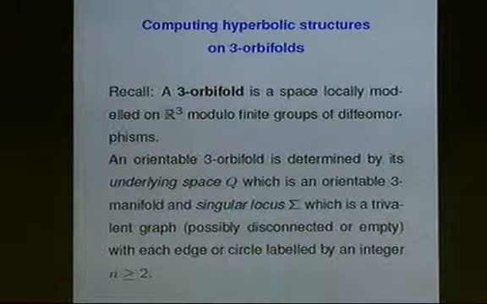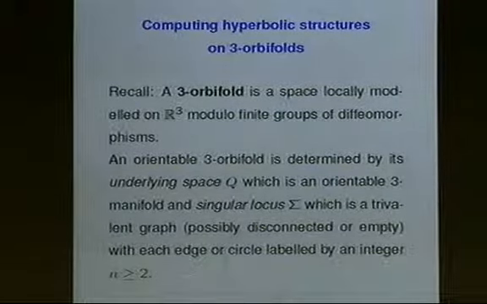So if you go upstairs, you have this finite group, and it might have some fixed points for some of the elements. The images of these fixed point sets give you the singular locus in the orbifold. And again from Professor Choi's lectures, this is actually a trivalent graph. You have 3 edges coming into any vertex. It could be disconnected, it could even be empty, in which case you get a manifold.